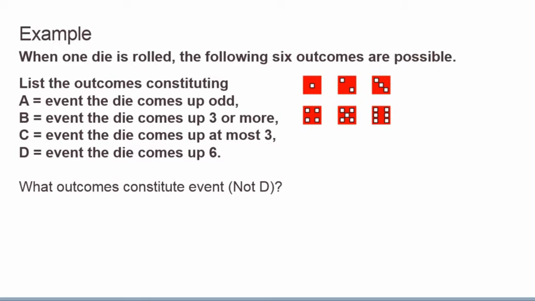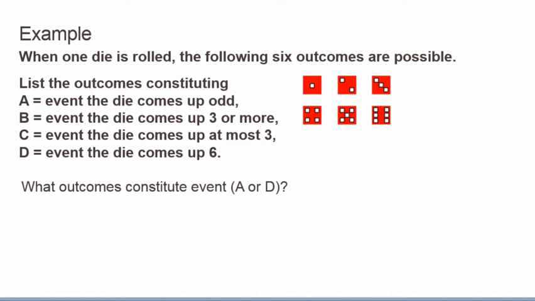Continuing with our dice example, what outcomes constitute event not D? Since event D is 6, not D is 1 through 5. Event not D is 1, 2, 3, 4, 5.